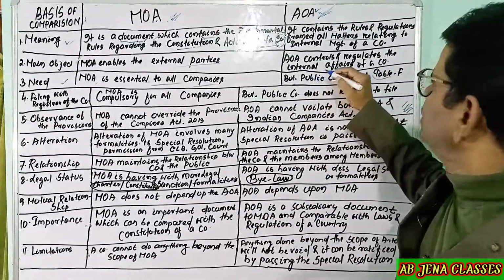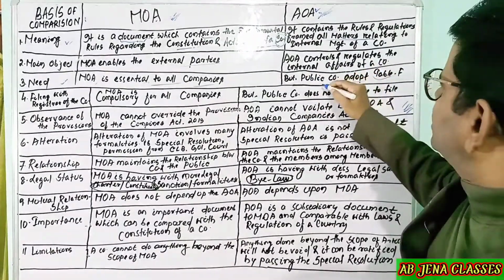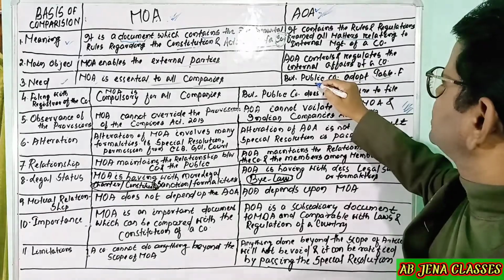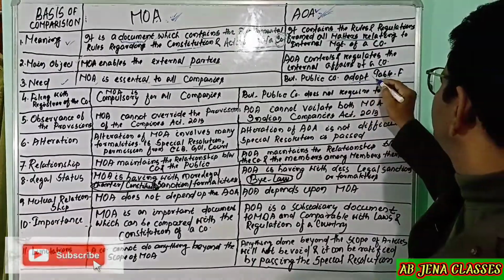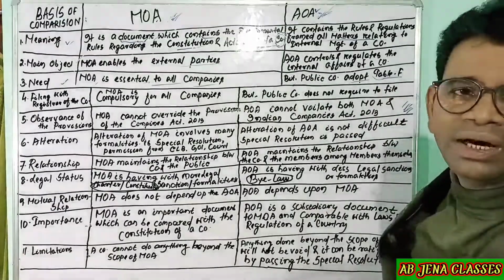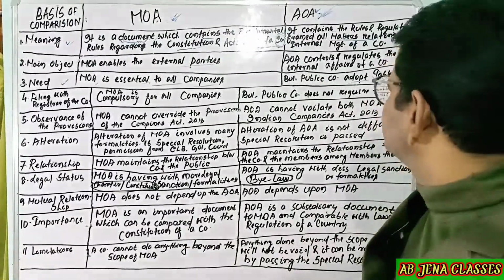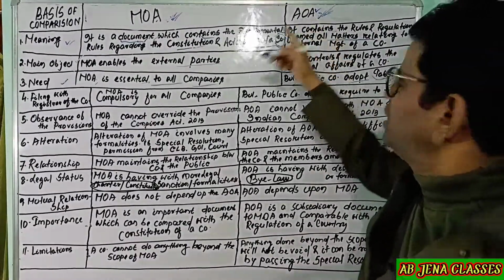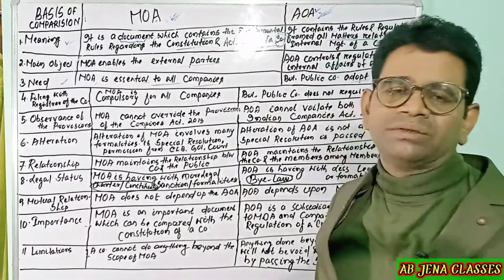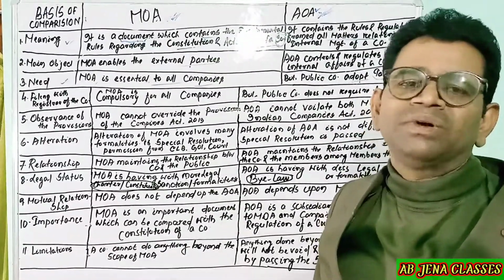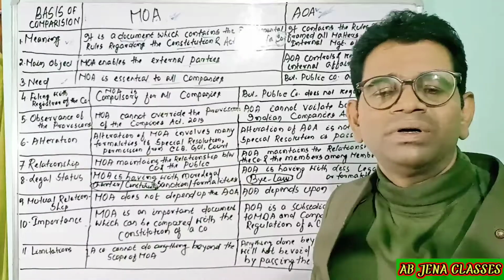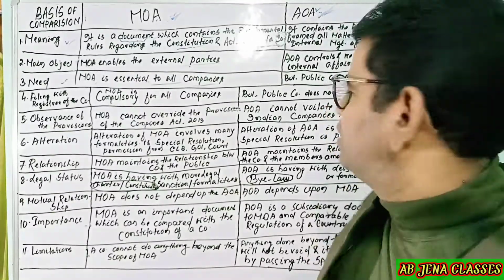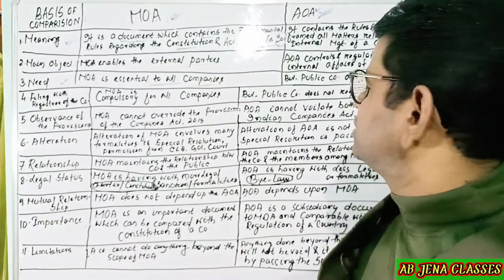Whereas in the Articles of Association, the public company will adopt Table F as its articles instead, and Articles of Association is a must for all types of companies except the public company, for the purpose of registration or incorporation of a company.